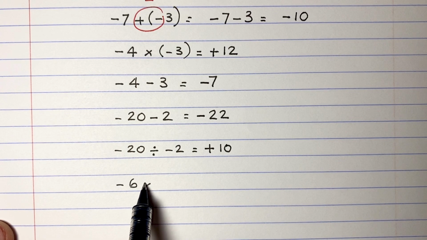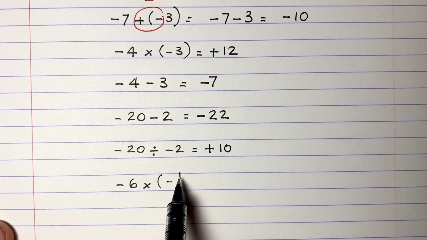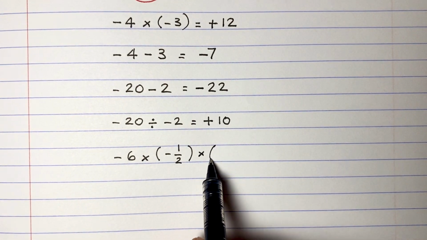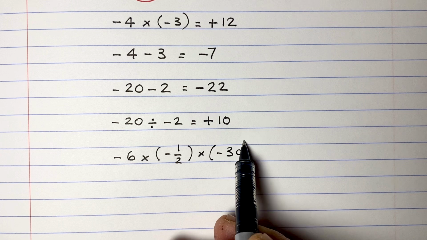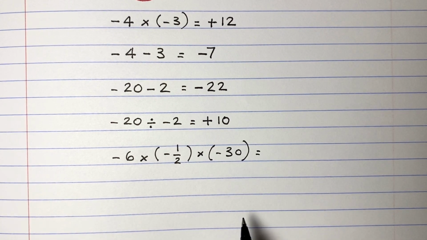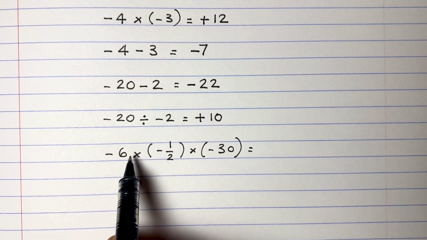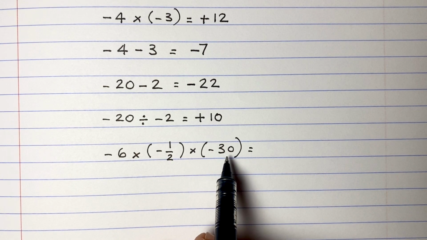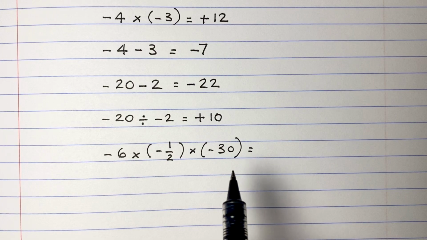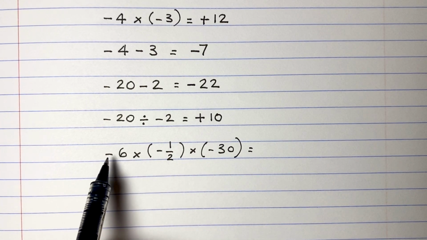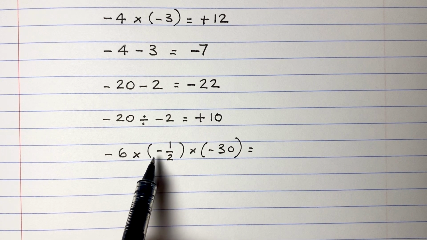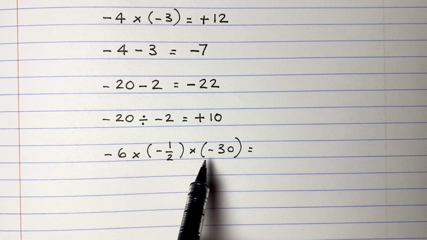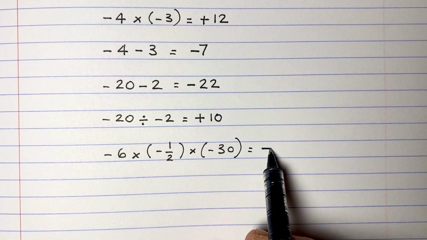Minus 6 times minus half times minus 30. Okay, I'm multiplying three numbers. Look, multiply this number by this number times another number. So what about the signs now? Negative times negative, so far positive. The positive times the negative makes negative.